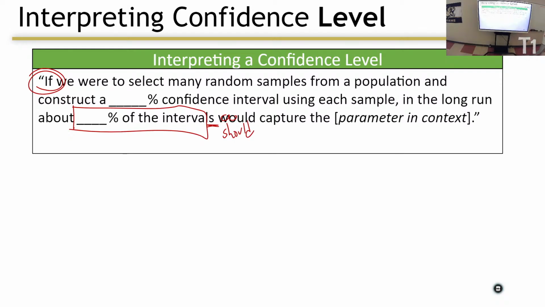But again, semantics, right? As long as we kind of get it close. Most everybody does really, really well with the context, if we did this over and over again. AP will talk about, if I constructed 100 confidence intervals using the same method, at least 95 of those intervals.